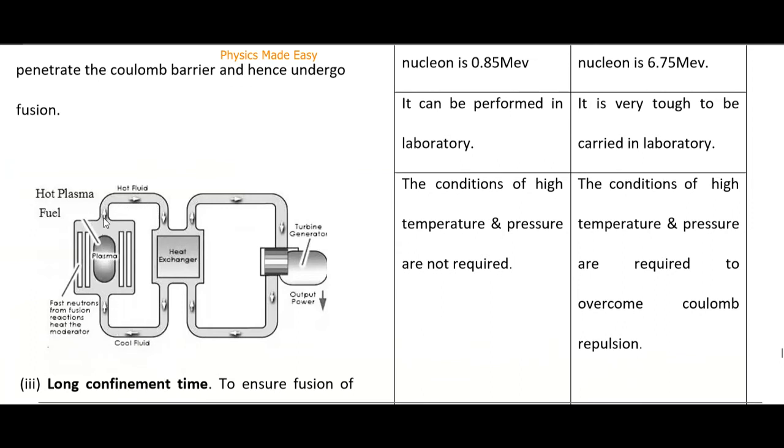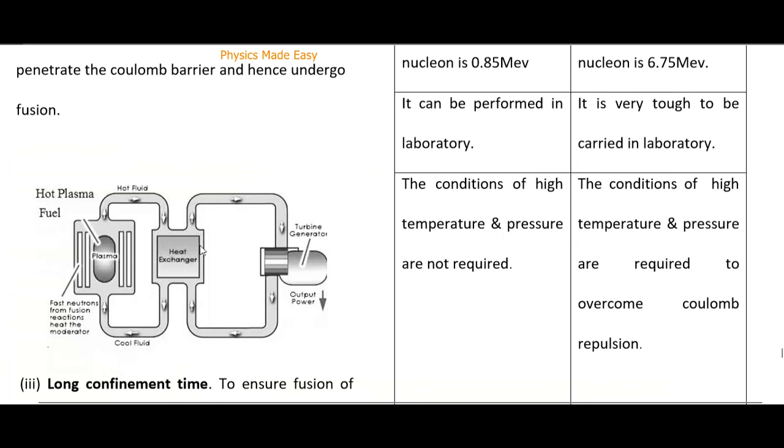And now here we circulate the cold fluid. It gets heated up, and this is the heat exchanger, and here the steam passes to some other part, and here we have these turbines which rotate the coils, and then final electricity is produced here. Again, cold fluid is made to enter, which absorbs the heat of this nuclear fusion reaction.